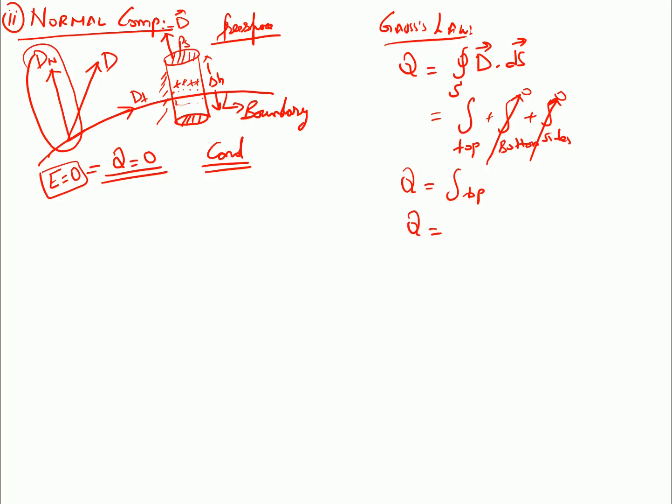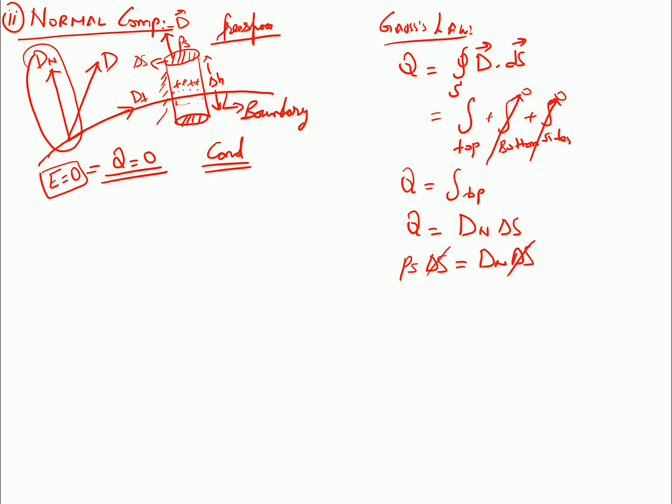Now what is on the top? The top has a rho of S, which means that it will have electric flux density in the normal direction at that surface, which is delta of S. This is basically the surface delta of S, which is lying on the azimuthal plane. Now what is the surface charge distribution in terms of Q? We know it is rho of S per charge, and then this is the normal element.